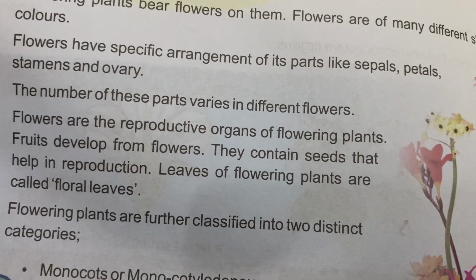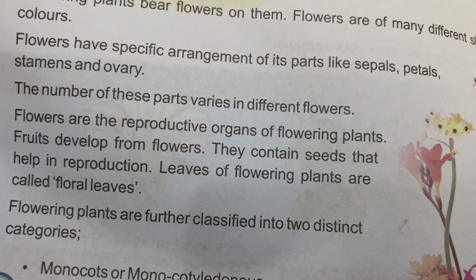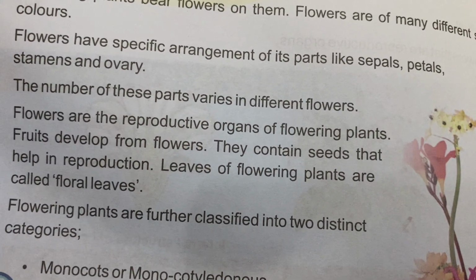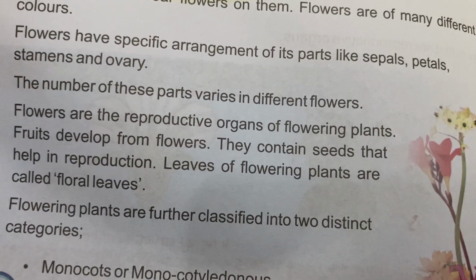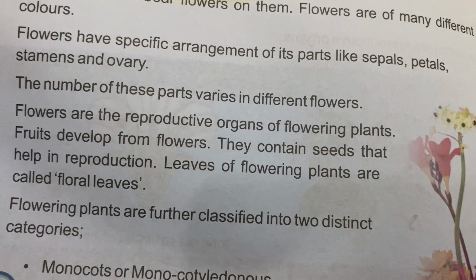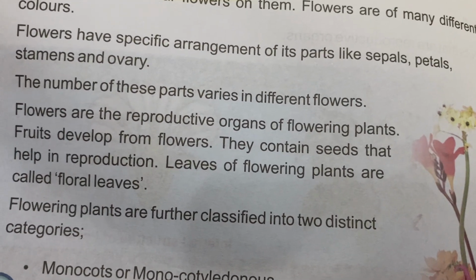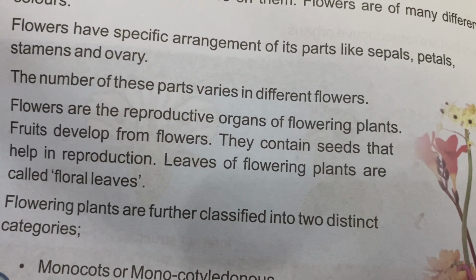Flowers are the reproductive organs of flowering plants. Fruits develop from flowers. They contain seeds that help in reproduction. Leaves of flowering plants are called floral leaves.